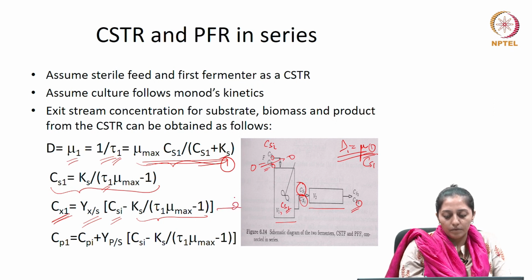So this is how we can determine CX1. And similarly, if we know the yield coefficient P by S, this we already know.